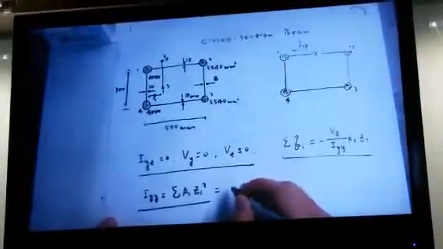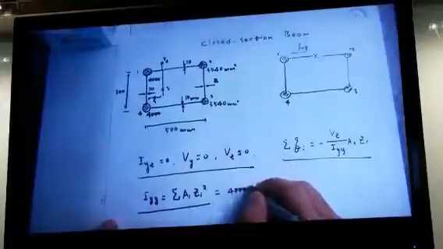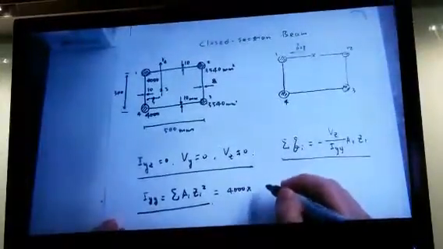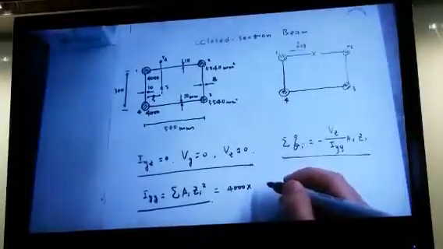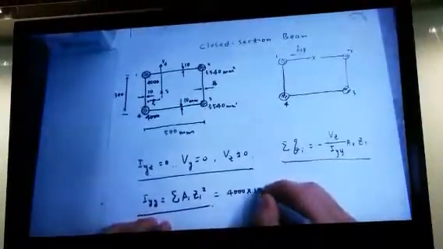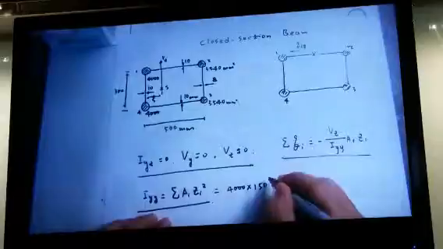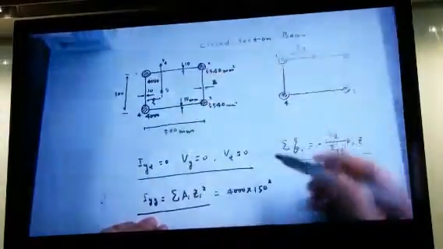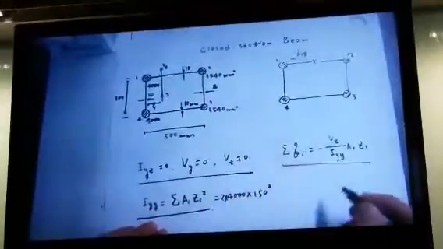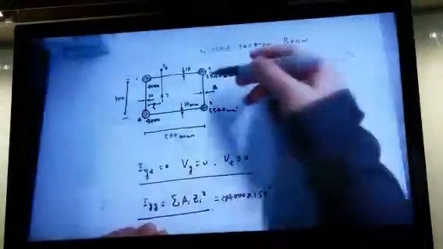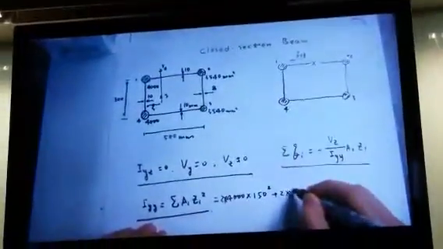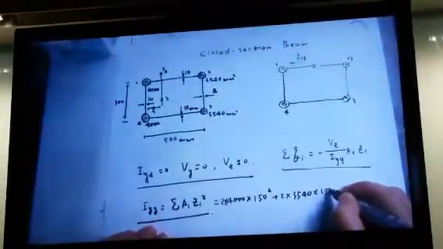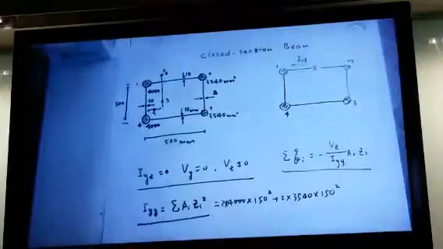The first one is 4,000, and Zi is 1/2 the total height, which is 150. The other top one has the same area and same distance, so you have 2 of them. And then the other two are 3,000 something, and the distance is also 150.